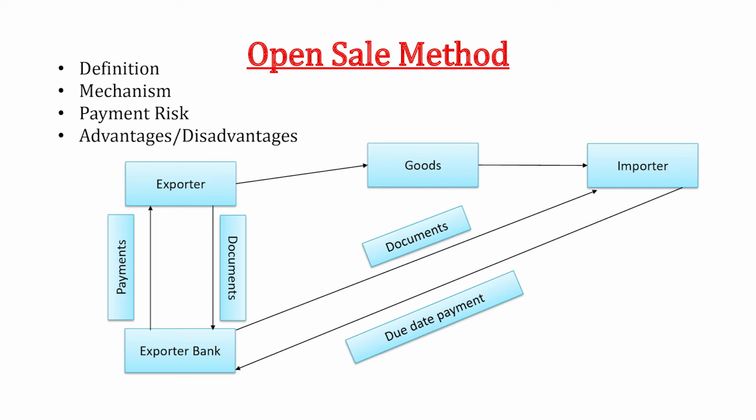He will demand that give me a credit period of 60 days, supply me the goods. After 60 days, I'll make payment to you. And this is the example of the open sale method. Very popular. Every buyer in a foreign country demands the open sale method, but very, very risky for the exporter.